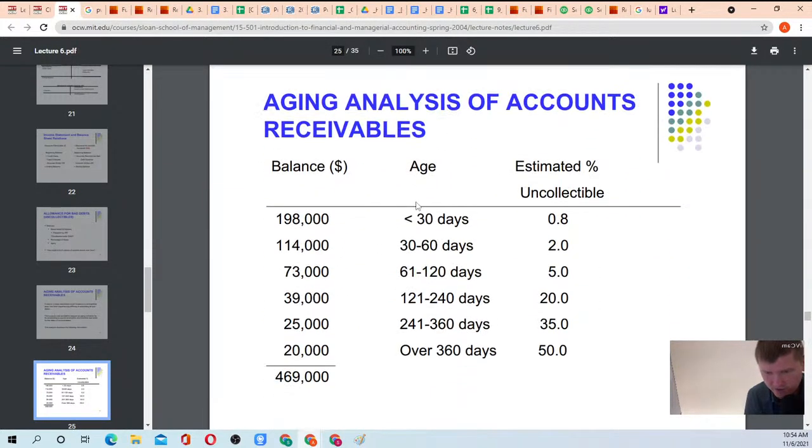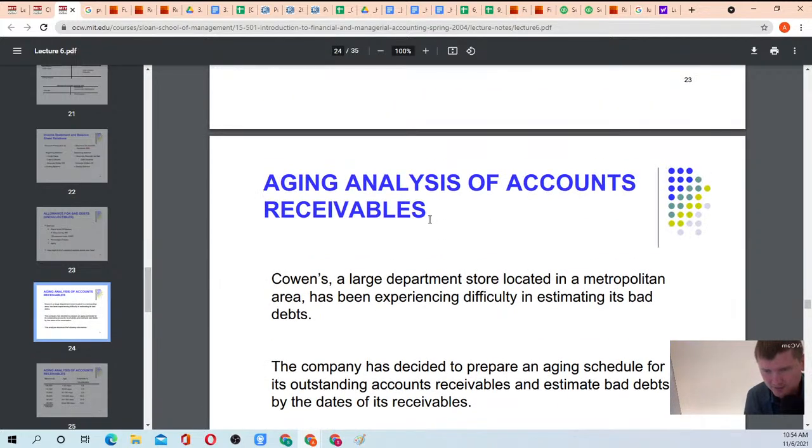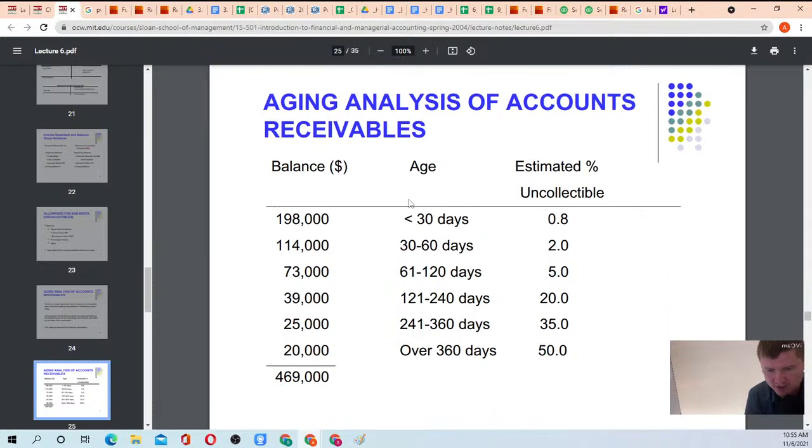There is also another method, and that's related to how you do your estimate of uncollectible accounts receivable. Basically you do that by looking at the history of payments. You can make an estimate of your uncollectible debts. For example, if some balance is only 30 days old, the chance that it will not be collected is just 0.8%.